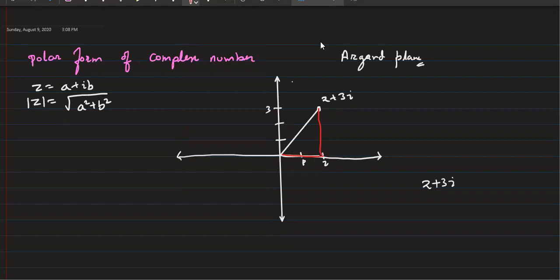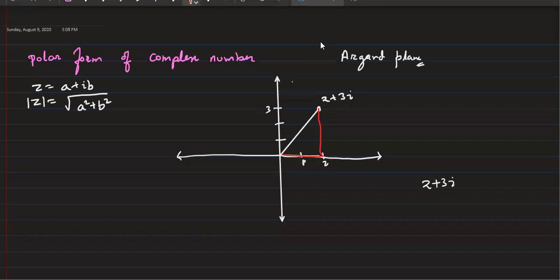Now, if you remember, in vectors we have studied resolution of vector. Suppose instead of giving you x component and y component, which is real number and imaginary number in this case, I'm giving you the magnitude of this complex number.